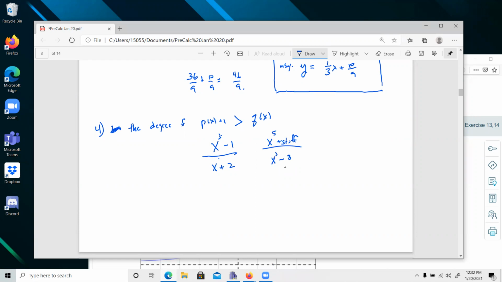Okay, more than 2 apart. Okay, x to the 6 plus some stuff over x squared, right? More than 2 apart. Then we say there is no asymptote. Okay, there is no asymptote.